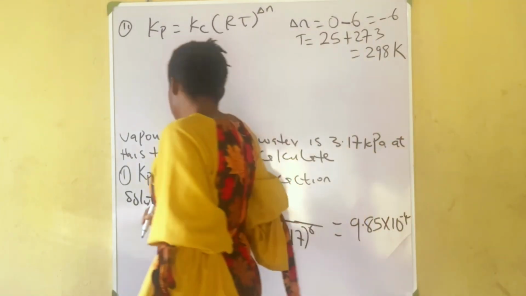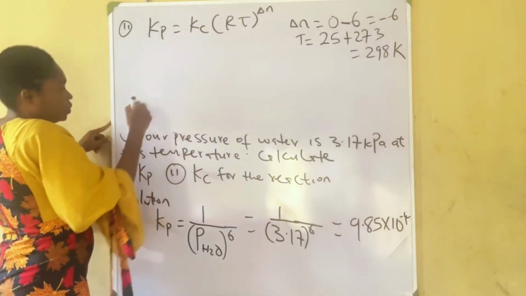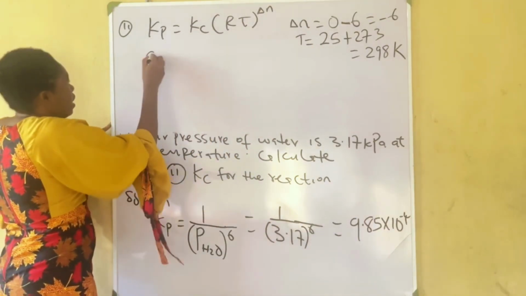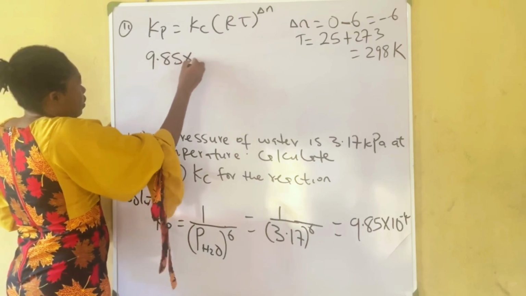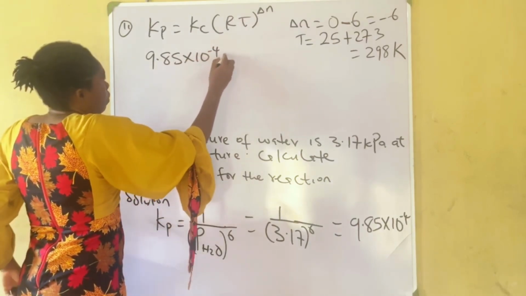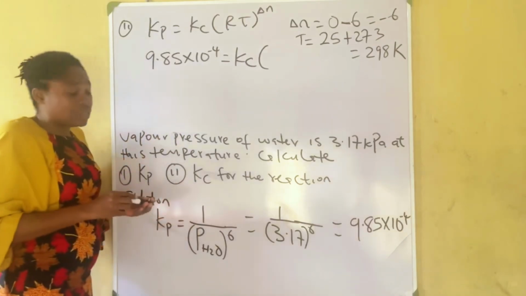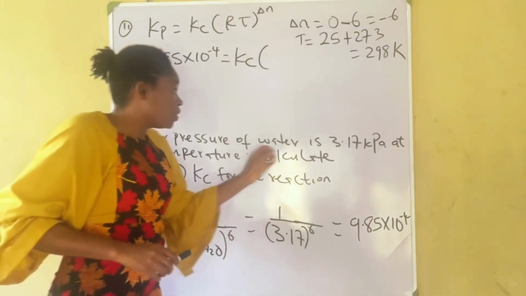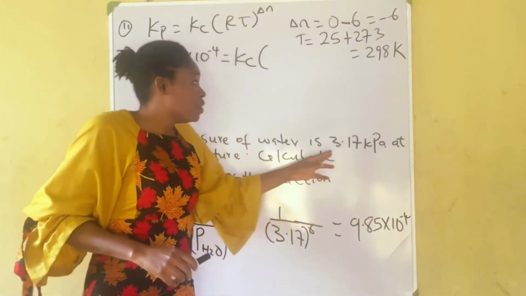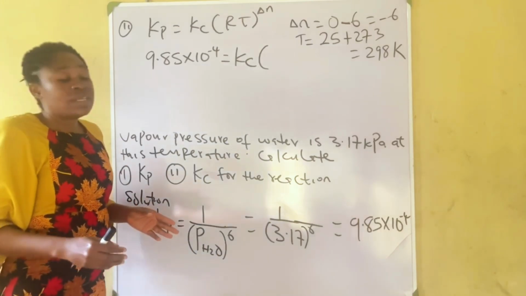So we are looking for Kc. The value for Kp is 9.85 times 10 raised to the power minus 4, equals Kc times the gas constant and temperature. Since the pressure is given in kilopascal, we'll be using 8.314.